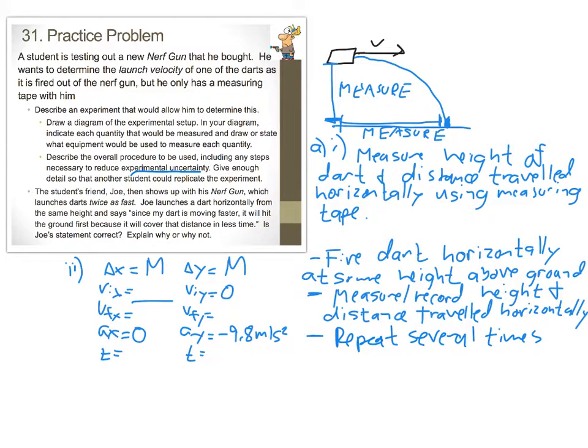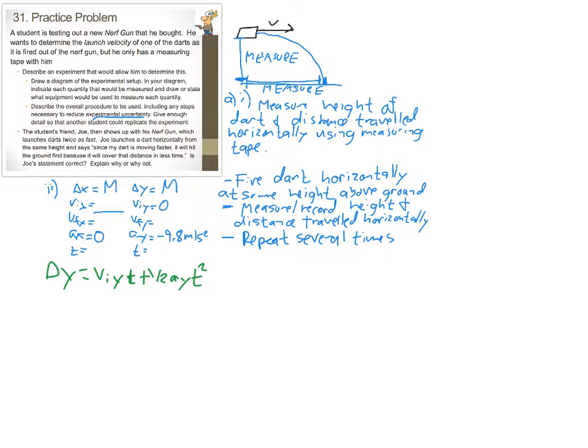Now in terms of actually solving for that velocity, that's where I'm going to use this setup and derive some equations that are going to be able to solve for that velocity based off of these two quantities that I measured. So starting with the y side, I know that my initial y is 0, so that first term goes away.